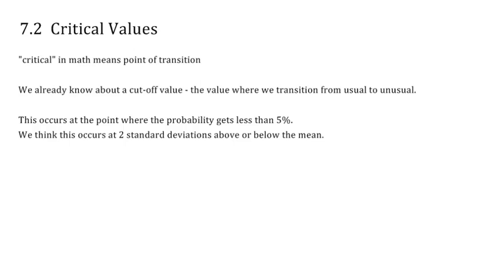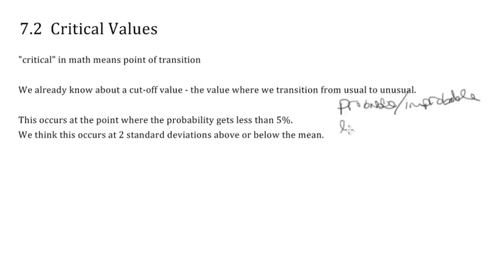Now, back to math, we already have been talking about a cutoff value, the place where we transition from usual to unusual, probable to improbable. Let me write that on here. Probable on one side of the boundary, improbable on the other side of the boundary.